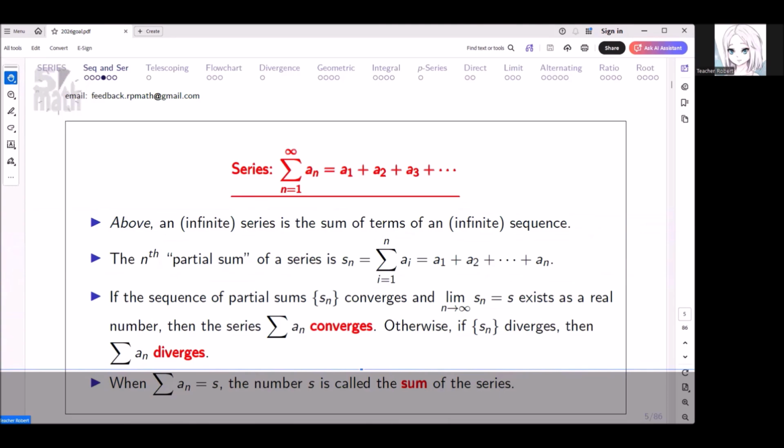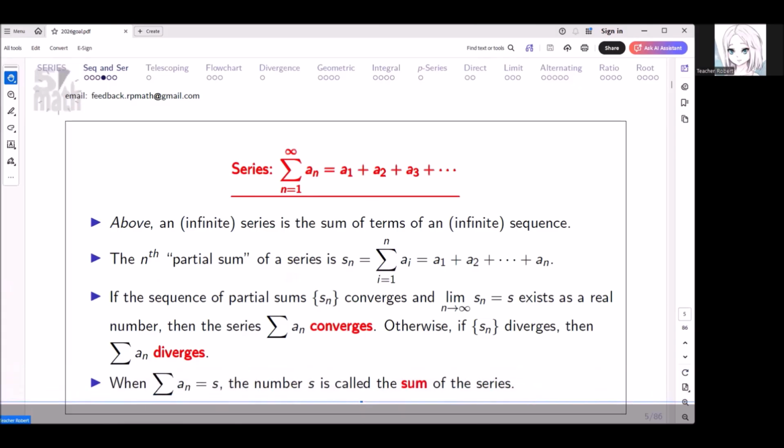If the sequence of partial sums Sn converges, and limit n to infinity of Sn equals S exists as a real number, then the series an converges. Otherwise, if the sequence Sn diverges, then the series an diverges. When the series an equals S, the number S is called the sum of the series.